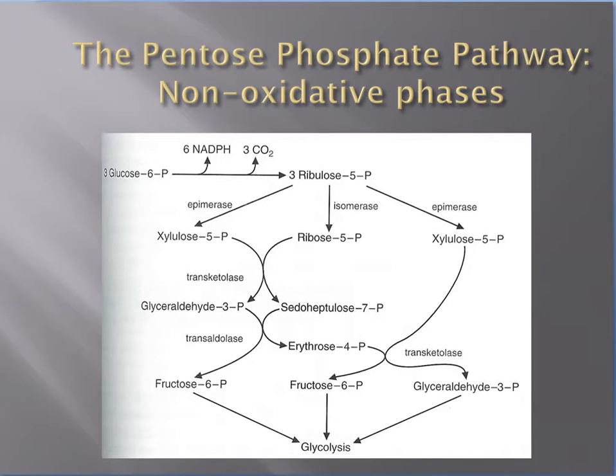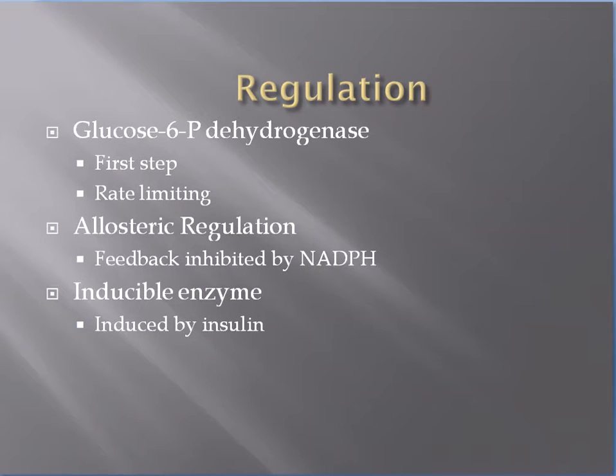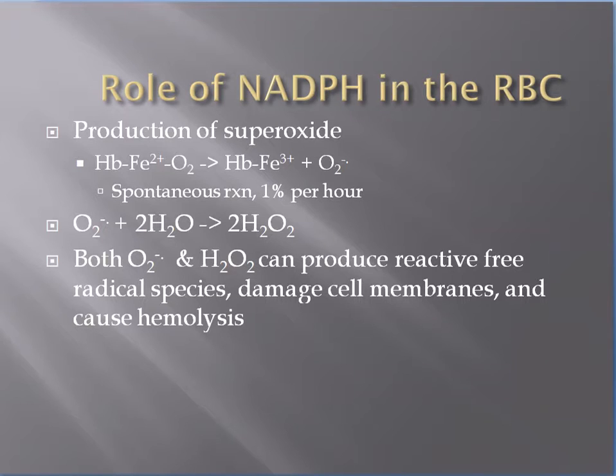What are the regulations here? Glucose 6-phosphate dehydrogenase catalyzes the first, rate-limiting step. It is allosterically regulated, feedback inhibited by NADPH, and is an inducible enzyme, induced by insulin. What is the role of NADPH in RBCs? Oxidative stress can produce reactive free radicals that damage cell membranes and cause hemolysis.